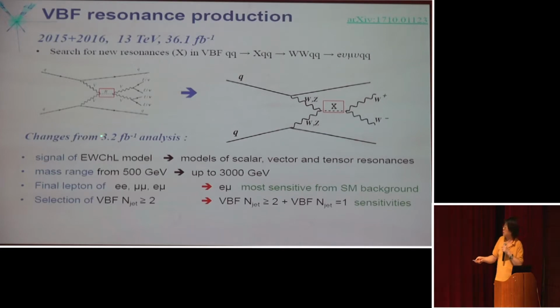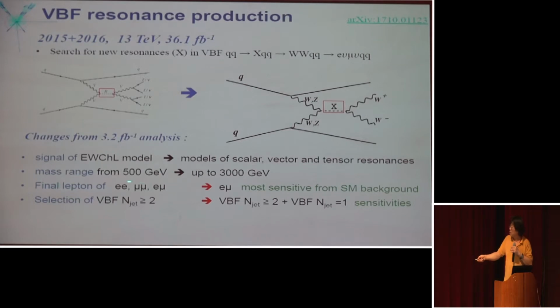Instead of just using the one suggested model, many more models are introduced for comparison. With the statistic about 10 times higher, the mass range increased from 500 GeV to 3,000 GeV, or 3 TeV. However, in the analysis strategy, everything changed a little bit.